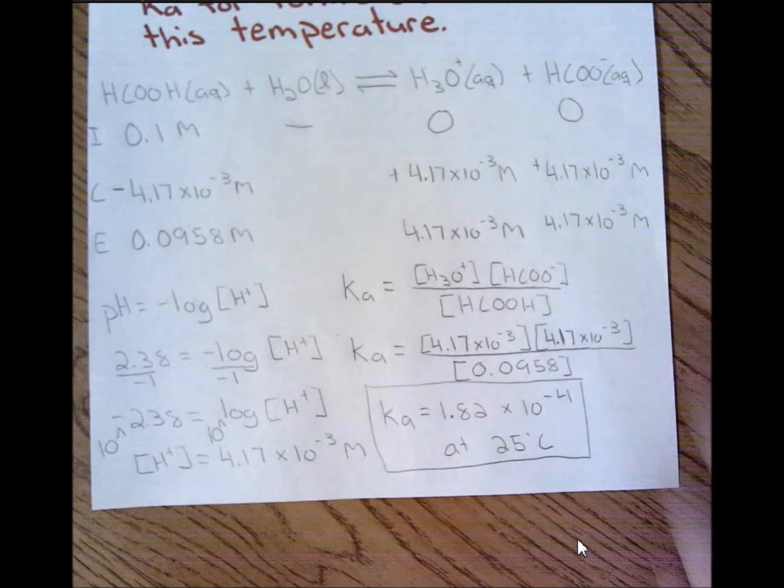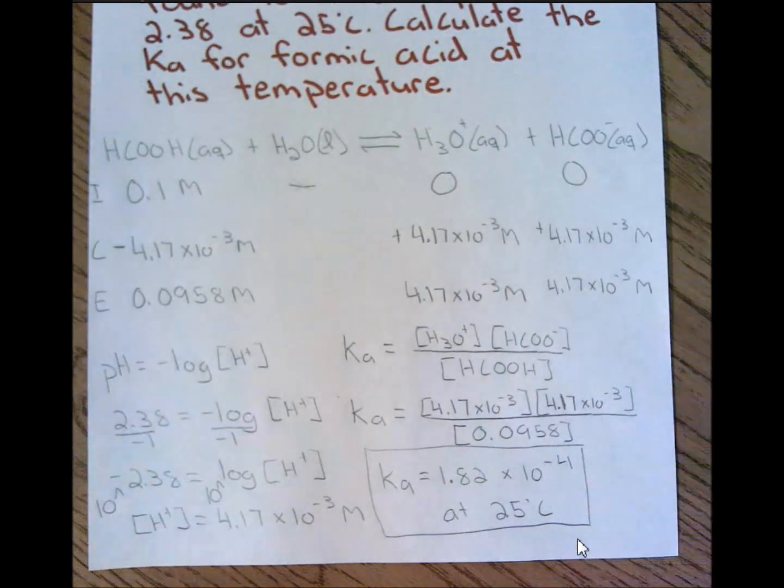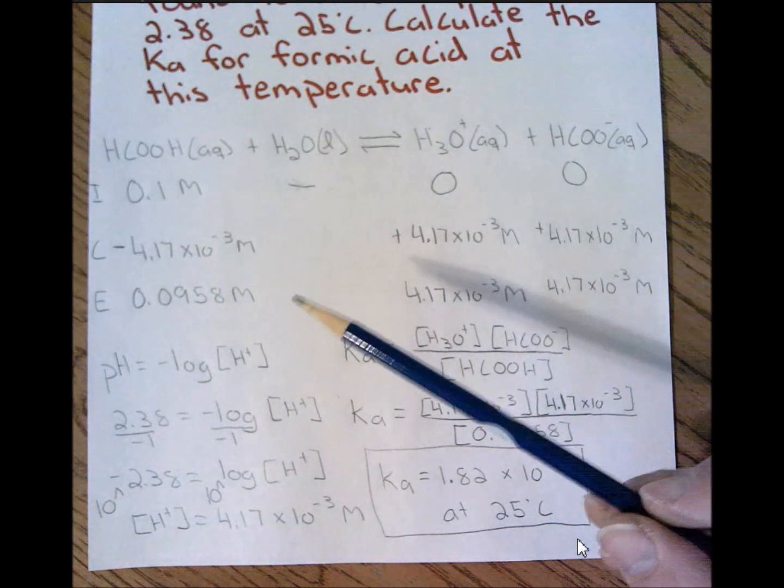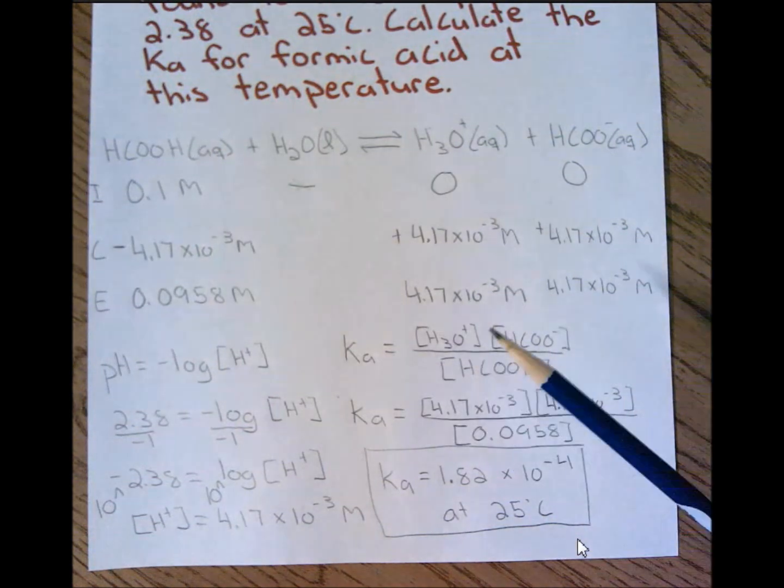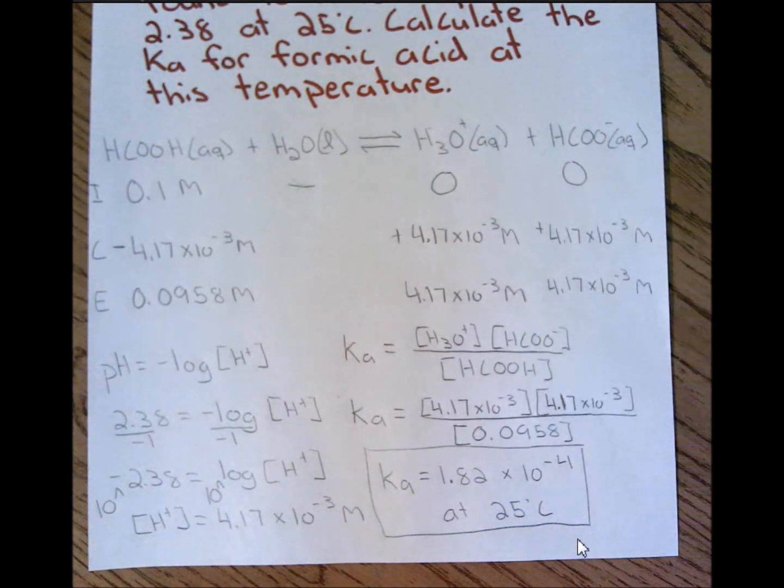All right, so going through this, we need to talk a little bit more about what makes a weak acid a weak acid. As we go through this, what we first need to concentrate on to figure out why this particular thing counts as a weak acid is this value called percent ionization.